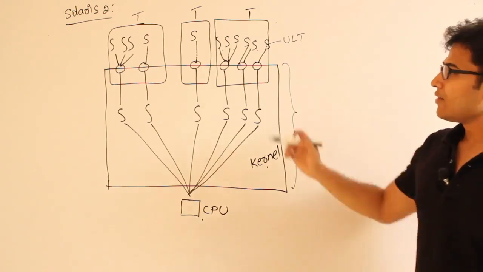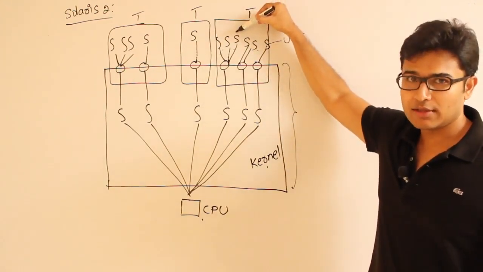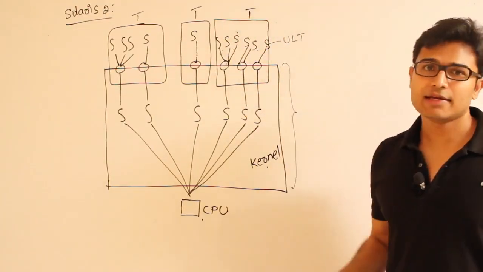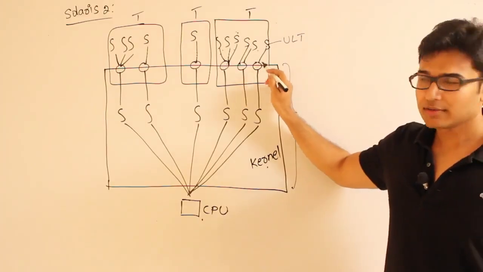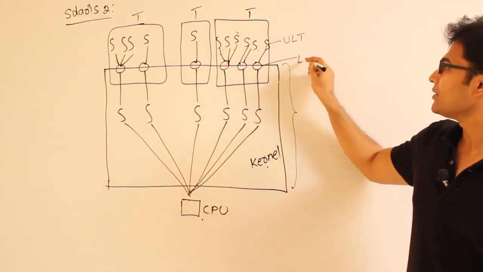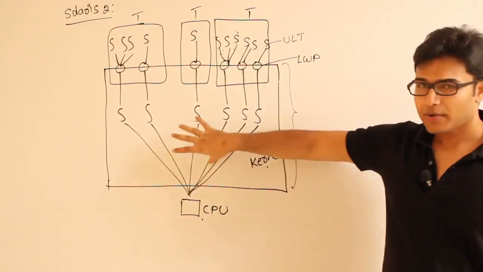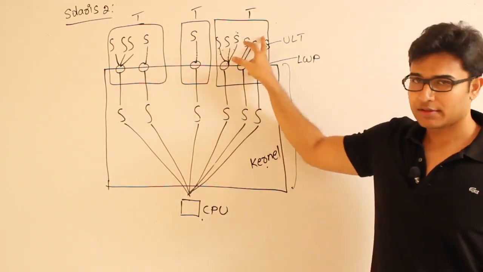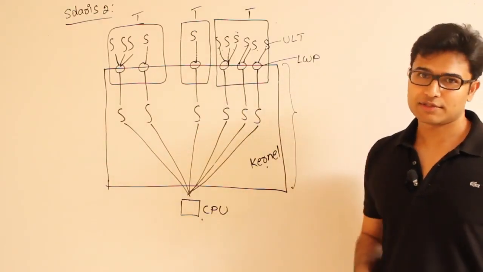And then every user level thread, if it has to run, has to get associated with something called a lightweight process. These circles you are seeing are called lightweight processes. So our operating system doesn't know anything about the user level threads, but it knows about the lightweight processes.